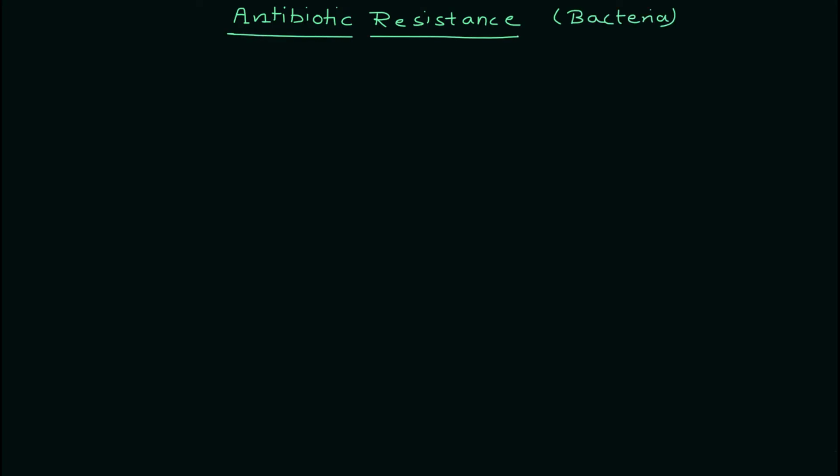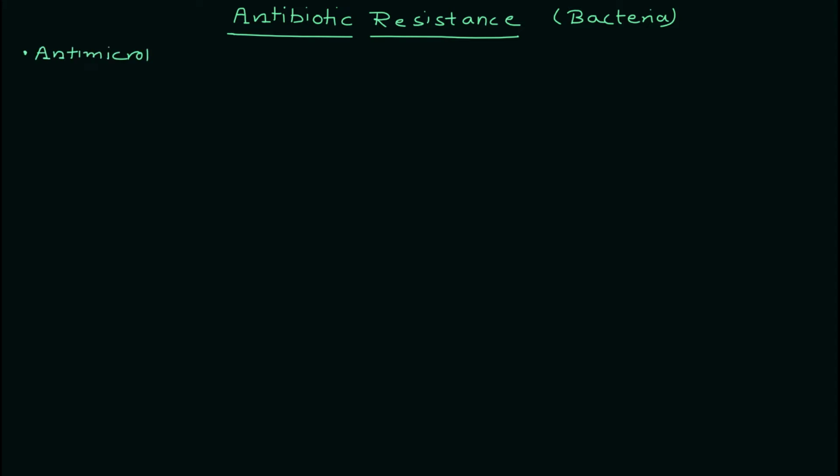All right, I'll start the video by writing the topic, which is antibiotic resistance. It is also known as AMR. AMR means antimicrobial resistance. We need to understand the meaning of antibiotic resistance and how bacteria develop it.